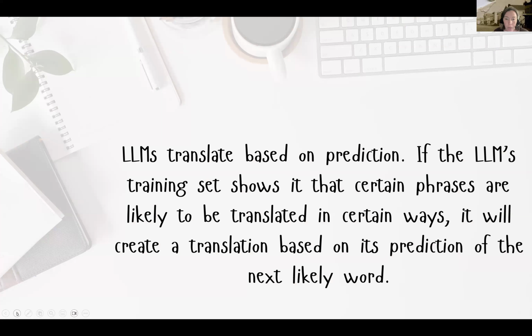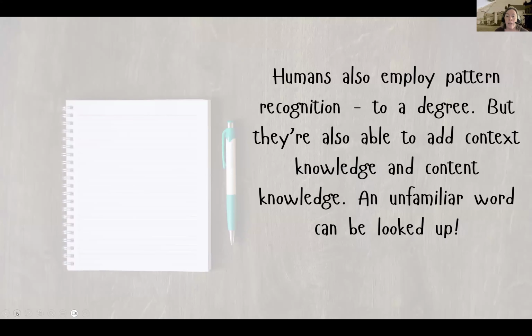LLMs, large language models, translate based on prediction. If the LLM's training set shows that certain phrases are likely to be translated in certain ways, it will create a translation based on its prediction of the next likely word. Human translators definitely still employ pattern recognition, to a degree.